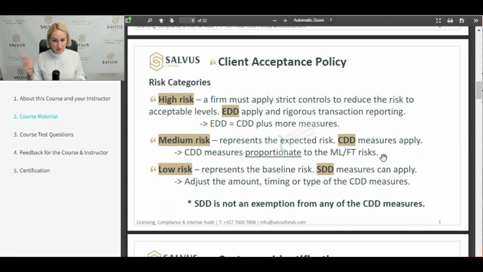Understanding the risk categories now, you have to do enhanced due diligence when you have a high-risk client, and collect more documentation. When you have medium risk, you categorize it as customer due diligence measures and you collect the relevant documentation. And you apply simplified due diligence when you have a low-risk client.